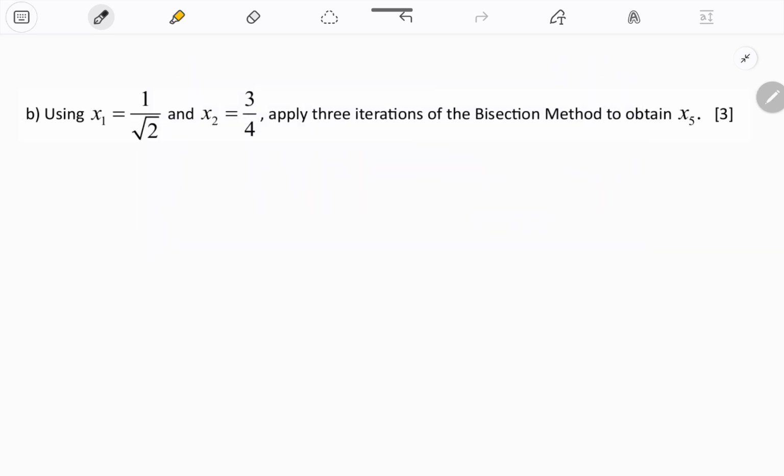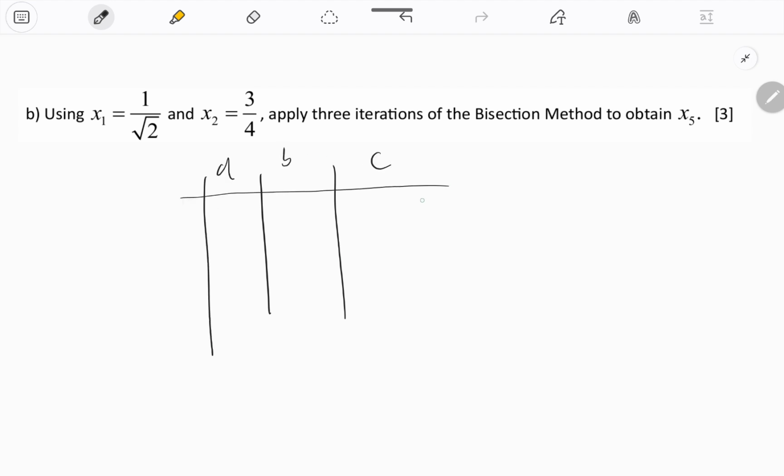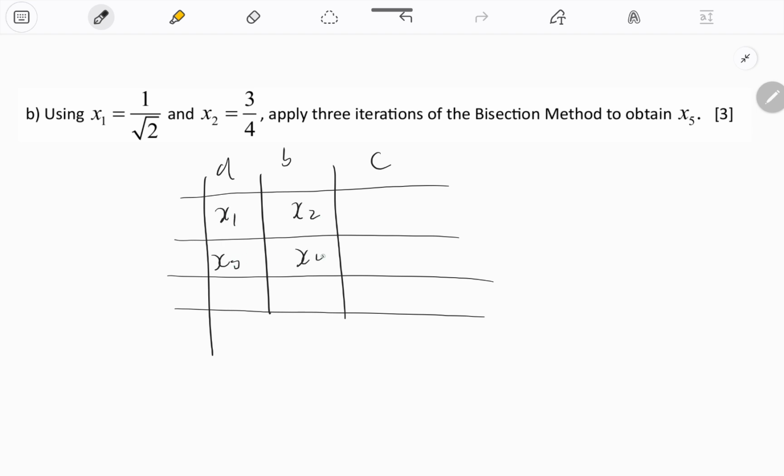So here, you're just doing the bisection method, 3 iterations. There isn't much going on, but I want to show something, A, B, C, which will help us. So this is x1, this is x2, this is x3, this is x4, this is x5, right? 3 iterations, x5.